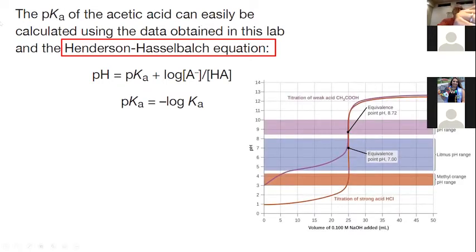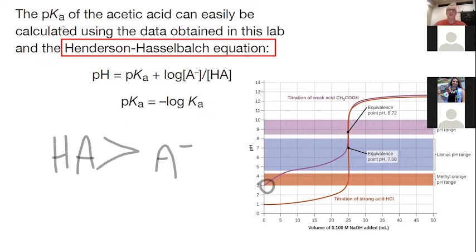So at the beginning of the titration, we have all weak acid and very, very little acetate. The concentration of acid at the beginning is way more than the concentration of the acetate because it's a weak acid. We make very little of the acetate.